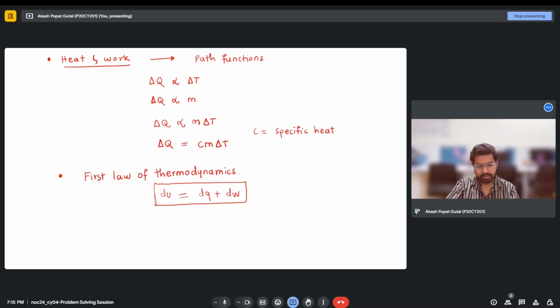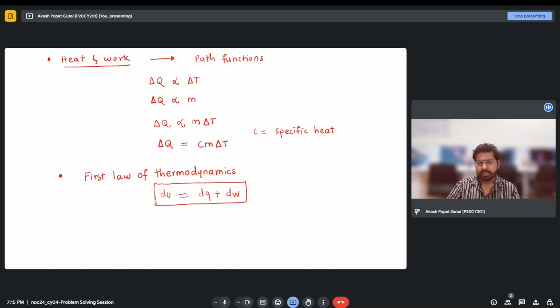So we have defined the specific heat from the equation of heat. We have shown that the heat change is proportional to m times the change in temperature, and the proportionality constant naturally comes out to be the specific heat.